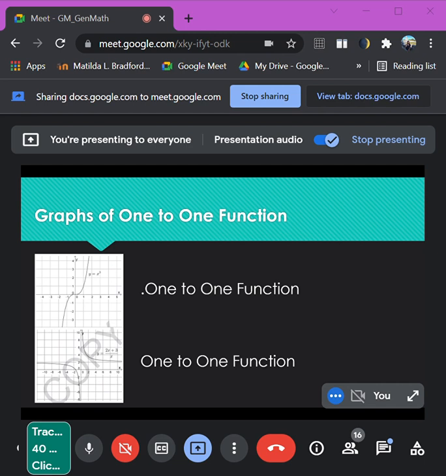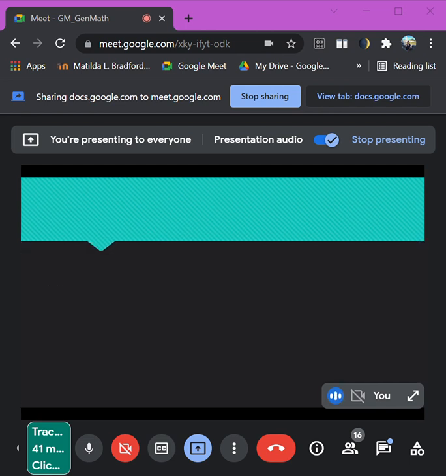Okay, so now class, since you know already how to identify one-to-one function, how to know kung one-to-one function ba na siya or dili, now this time is makuha ta sa ato ang inverse of one-to-one function. So, when we say inverse, mauna siya ang ato ang bali.